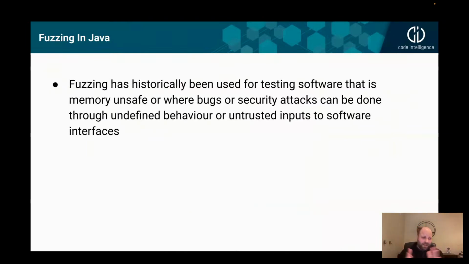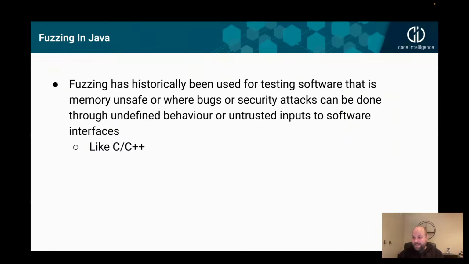So let's talk about, again, kind of historically. Fuzzing historically has been used for testing software that is memory unsafe, where bugs or security vulnerabilities can be executed through undefined behavior and untrusted inputs. When you think of memory unsafe languages, where you are able to manually manipulate low-level system hardware and system memory, I think about languages like C and C++.